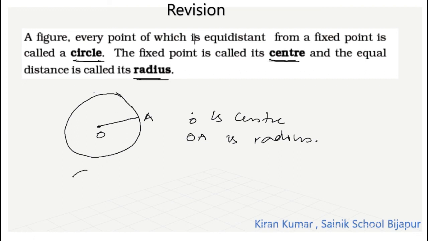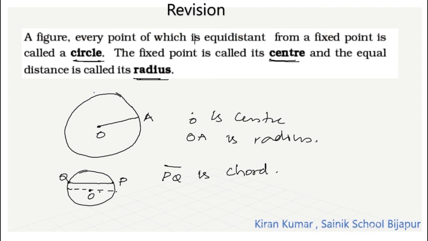Suppose we have a line segment formed by 2 points on the circle. Line segment PQ is called a chord. If the line segment passes through the center of the circle, say XY, this line segment XY passing through the center is the diameter, and this diameter is the longest chord.